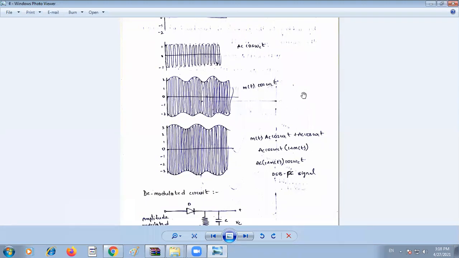LSB, lower sideband, and USB, upper sideband, are considered. The upper sideband is fc plus fm, the lower sideband is fc minus fm. So across fc, fm is generated as one component, that is fc plus fm and fc minus fm. Again, across minus fc there is minus fc plus fm as one spectrum component and minus fc minus fm as another. That is the negative side. So these waveforms are considered as the envelope.